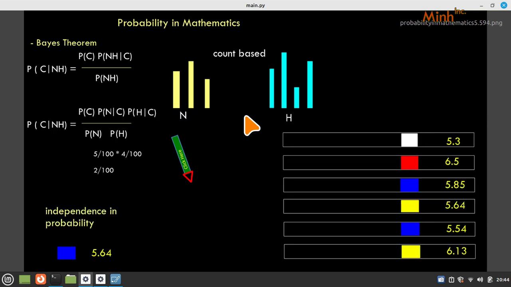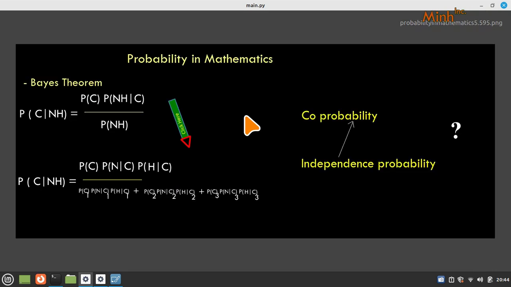If we go for independence in the probability, we start losing the character. So what is the scenario now? From independence probability to coexistence probability, how can we get back toward the actual characteristics? That is a big question in Bayes theorem itself.